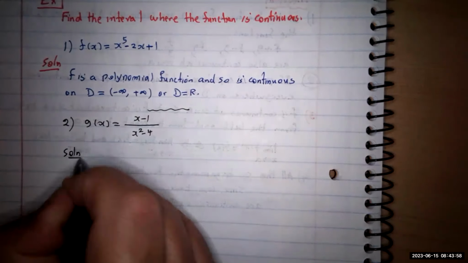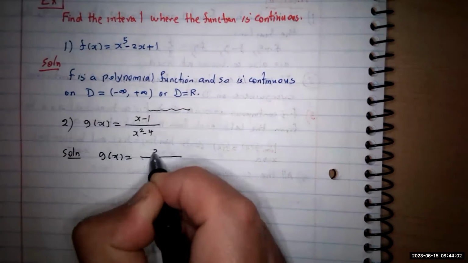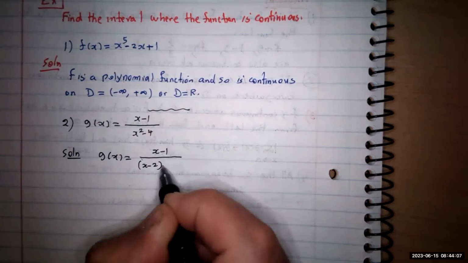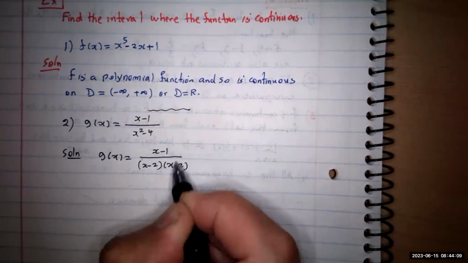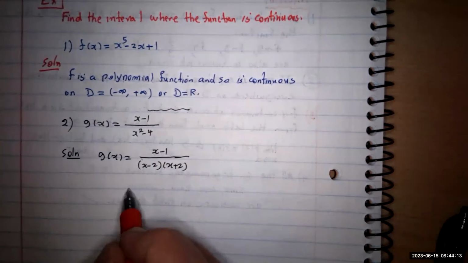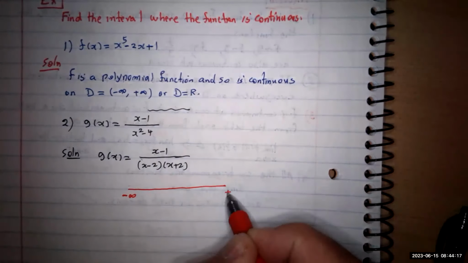As we talked about before, you may factor the denominator to see where you have to exclude those numbers. So as you can see, the domain of your function is going to be what? That's negative infinity to positive infinity.